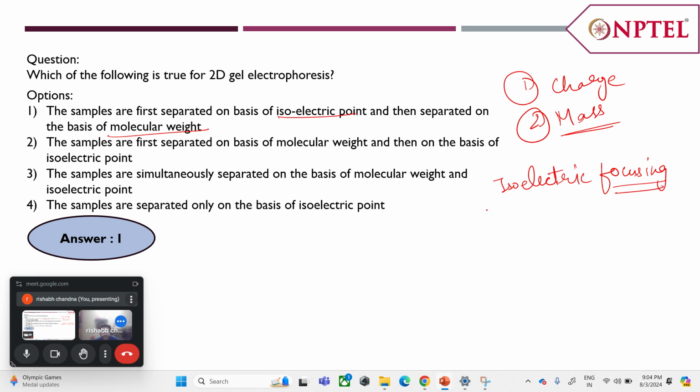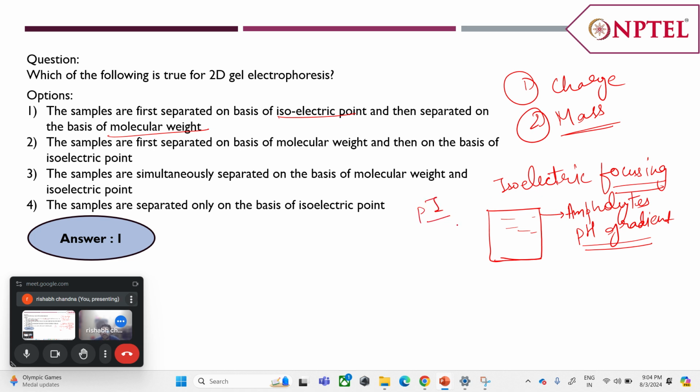Okay, so the proteins will be run on a gel that would contain ampholytes. Ampholytes basically form a pH gradient, as we have studied in the previous slides also. So at pI, the protein will stop moving in an electric field.